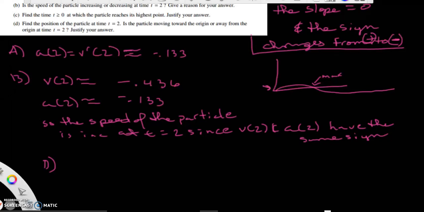D says, find the position of the particle at time t equals 2. Is the particle moving toward the origin or away from the origin at time t equals 2? Well, one important part is, in the beginning it told us at t equals 0, y equaled -1.